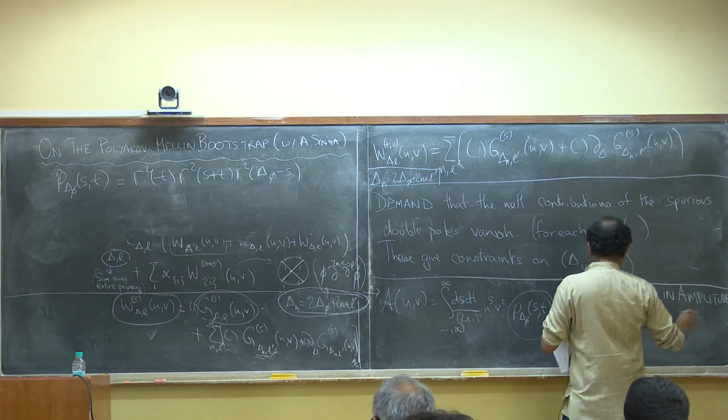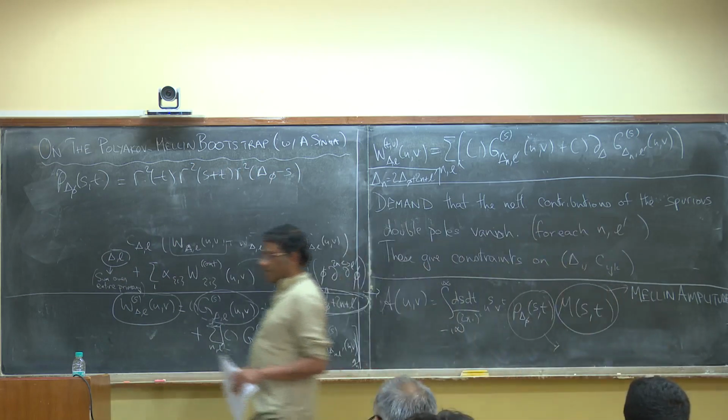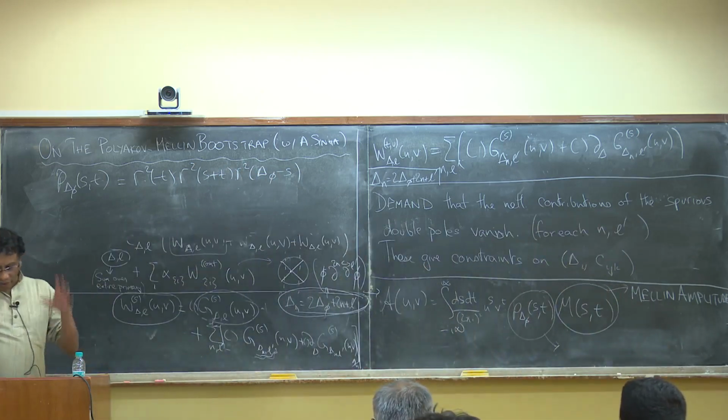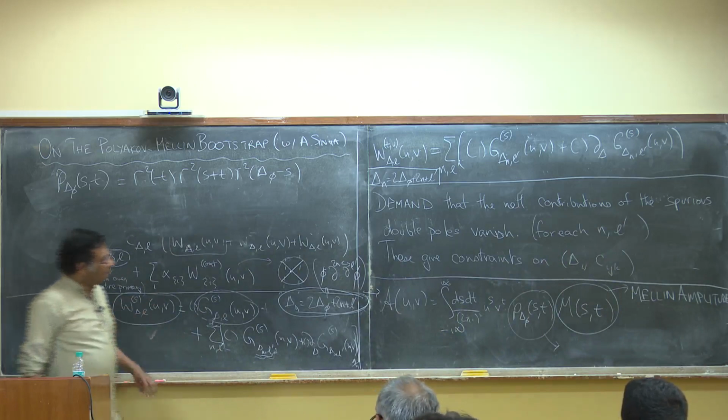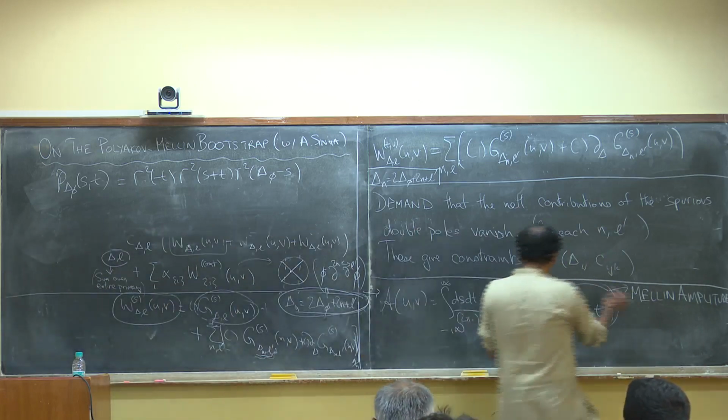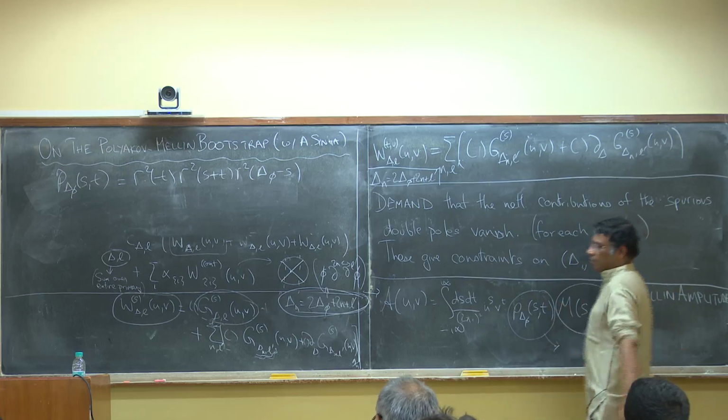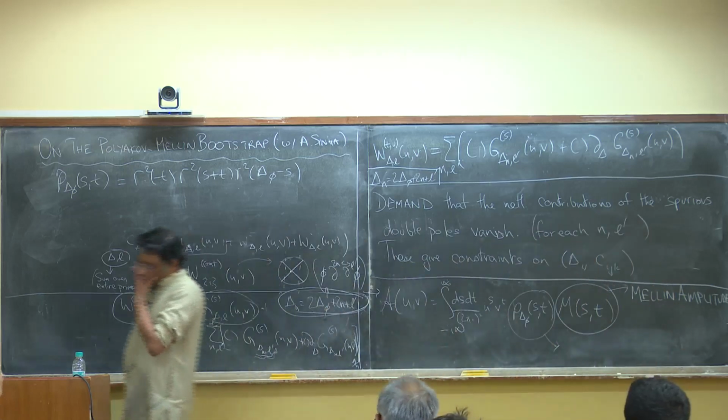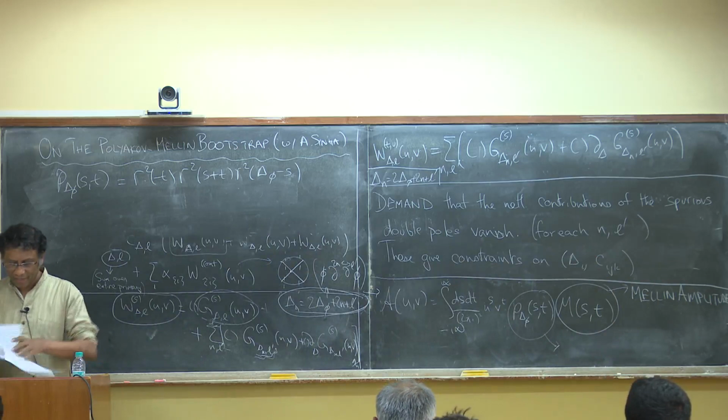And then there's this piece which will be called the Mellin amplitude. You can always write this because it's some function of s and t. I separate this out.